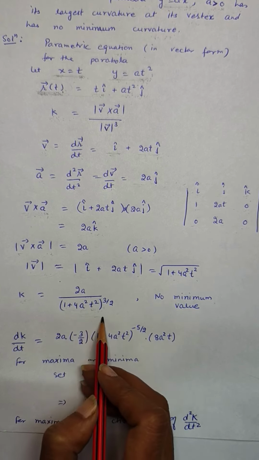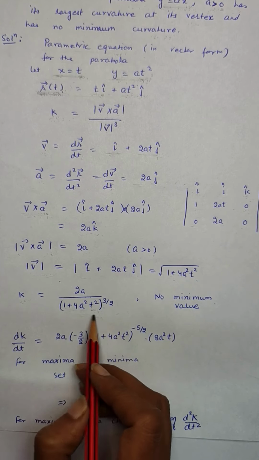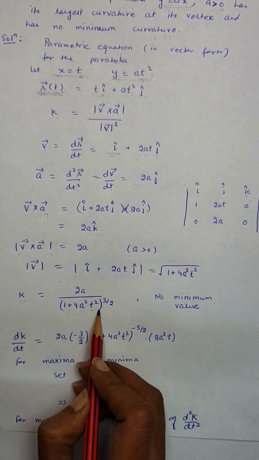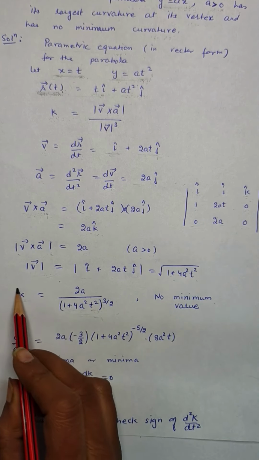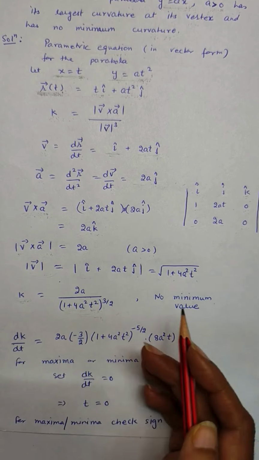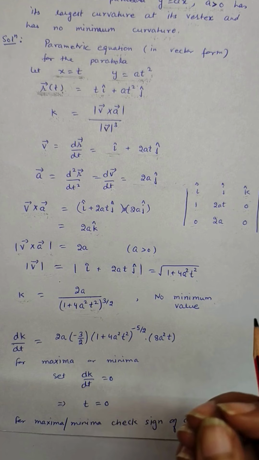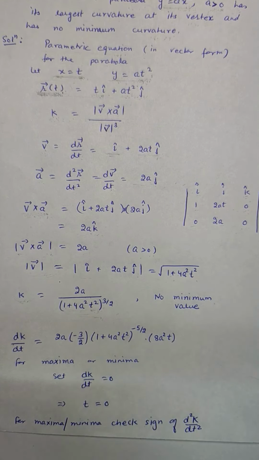But t can take any real value, right? So it can be as big as we want it to be. So this function in the denominator has no maximum. Therefore, k has no minimum value. So this parabola has no minimum curvature. We can reduce it as much as we want just by increasing the value of t.